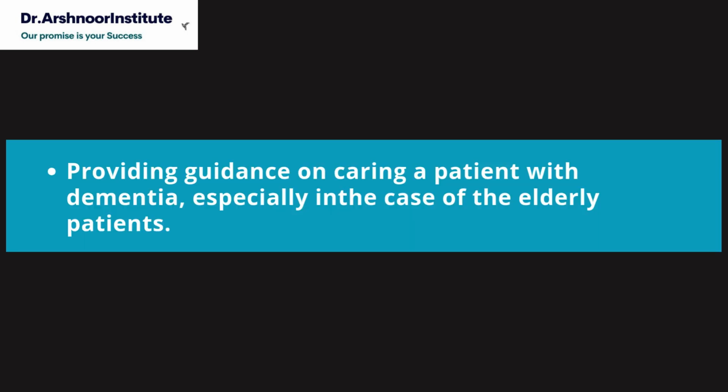Then the next one is providing guidance on caring for a patient with dementia, especially in the case of elderly patients. When a caregiver is taking care of an elderly patient or parents, how to deal with dementia, because they have a problem of forgetfulness or memory loss.